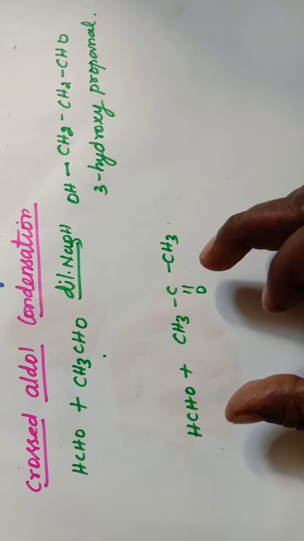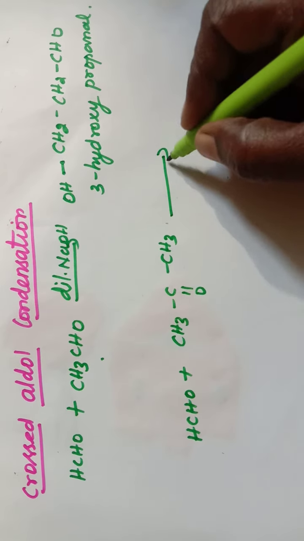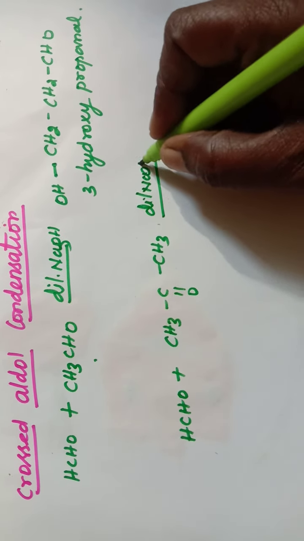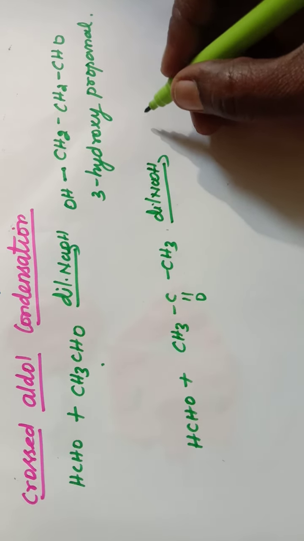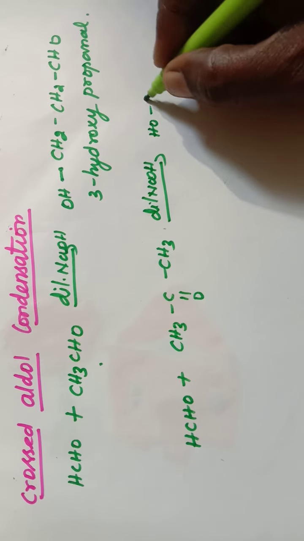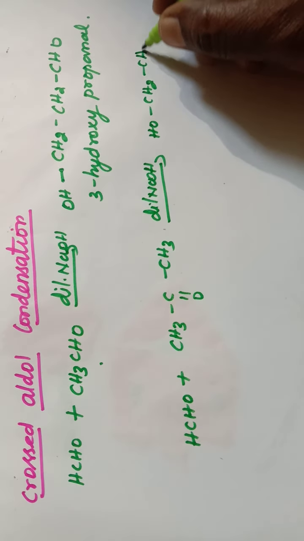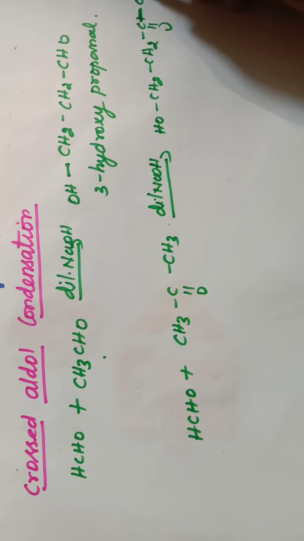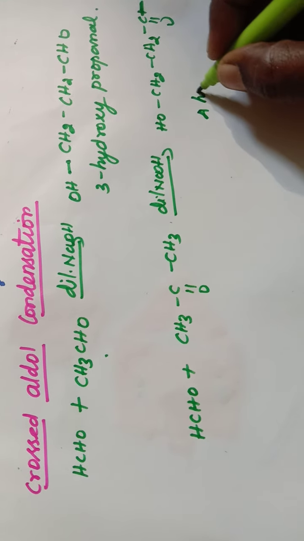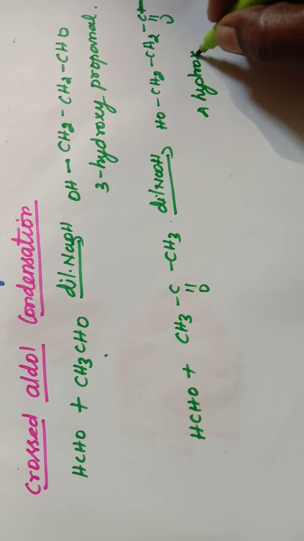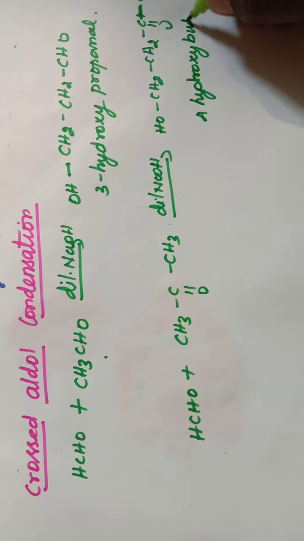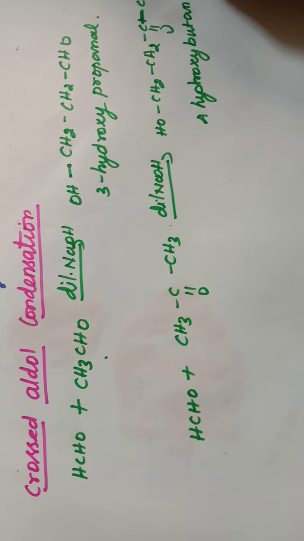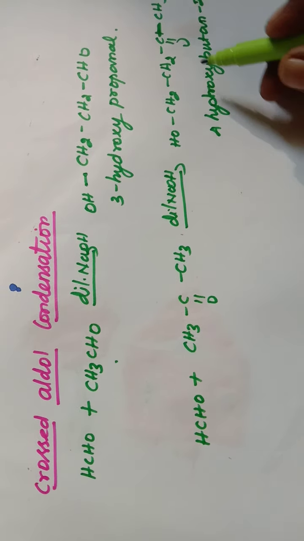When they combine together in the presence of dilute sodium hydroxide, we will be getting OH CH2 CH2 C double bond O CH3, that is 4-hydroxybutan-2-one.